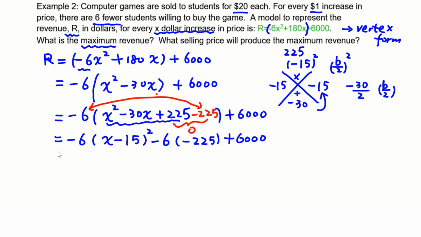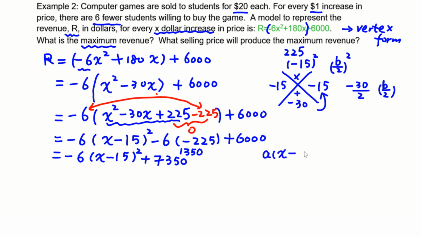Then we are going to collect the like terms to write the final vertex form. So -6 times (x - 15) bracket squared, this is 1,350. Then plus 6,000, you will have $7,350.